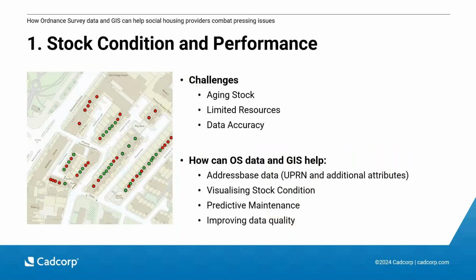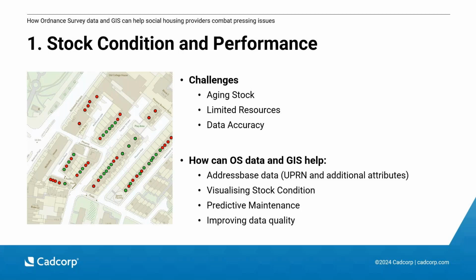So, social housing providers are facing a multitude of challenges in maintaining the condition and performance of the stock, which has an impact on both tenant well-being and their own budgetary constraints. Many social housing units are older and prone to issues like poor insulation, outdated electrical systems, and generally need some level of repair.